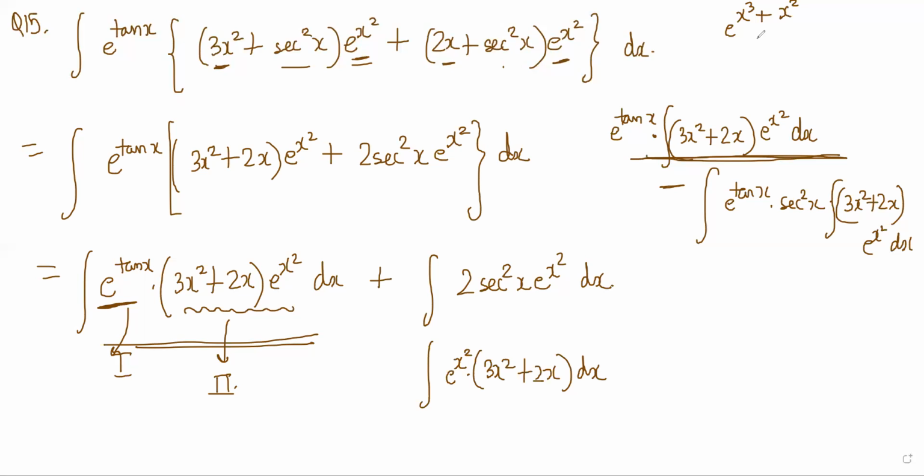e power x cube plus e power x square. No, that will not be correct. So what we have here is e power x cube plus e power x square. If I differentiate this, what I will get is e power x cube into 3x square.